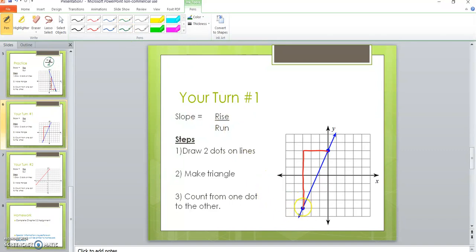Okay. So we're going up 1, 2, 3, 4, 5, 6, 7. And we're going over 1, 2, 3. So our slope is 7 over 3.